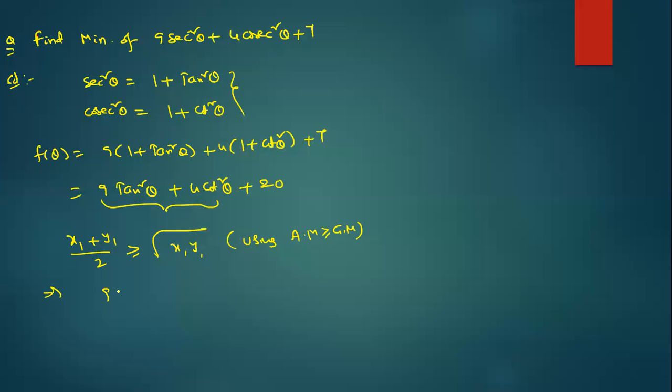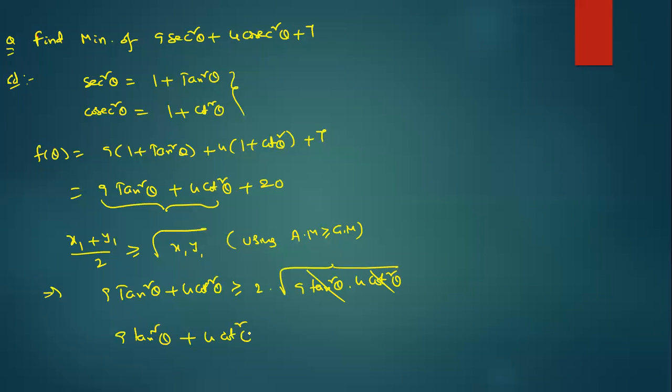That means 9 tan square theta plus 4 cot square theta is at least 2 times root over 9 tan square theta times 4 cot square theta. Both are cancelled. Root 36 is 6. That means 9 tan square theta plus 4 cot square theta is at least 12. So this is the minimum.